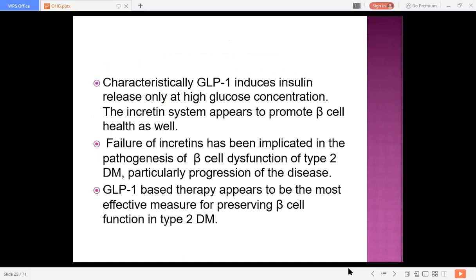The incretin system appears to promote beta cell health as well. Failure of incretins has been implicated in the pathogenesis of beta cell dysfunction of type 2 diabetes mellitus, particularly progression of the disease. GLP-1 based therapy appears to be the most effective measure for preserving beta cell function in type 2 diabetes mellitus.